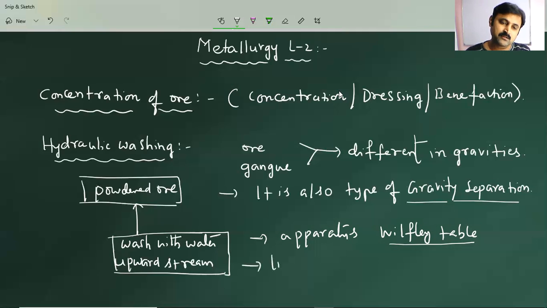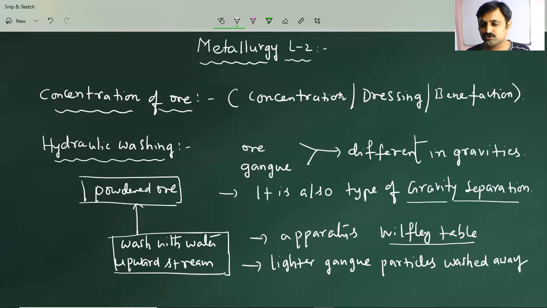So here we can say lighter gangue particles are washed away with the force of the stream, and the heavier ore particles will get left behind over the table.